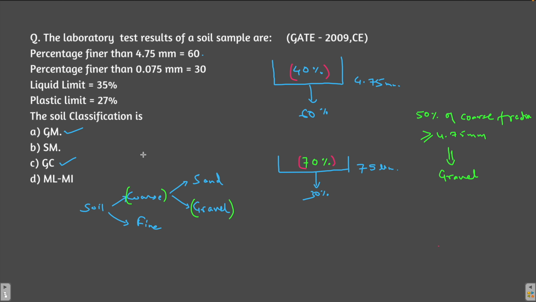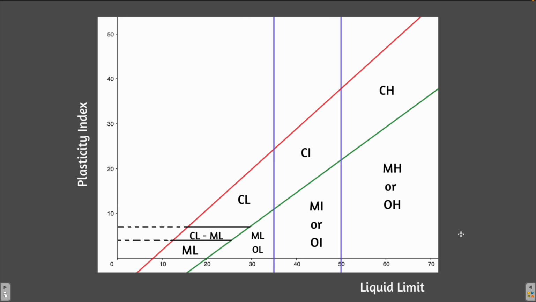For that, let's see the percentage of fines. Fines are particles less than 75 micron. The percentage of fines is 30%. See here, this is the percentage of fines. Now if the percentage of fines is greater than 12%, we have to use the plasticity chart. So let's do that. So here is the plasticity chart.